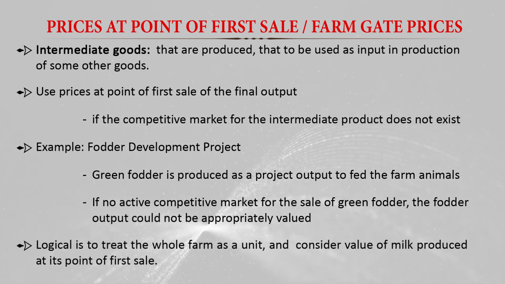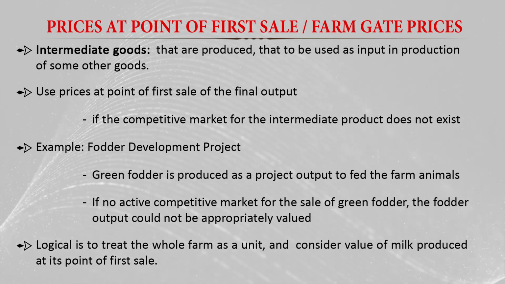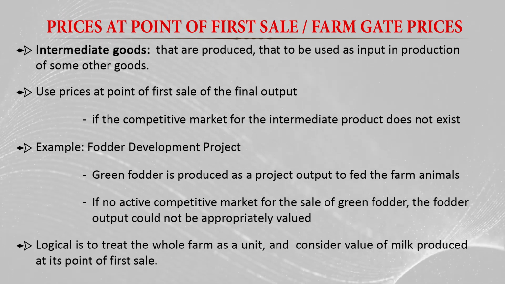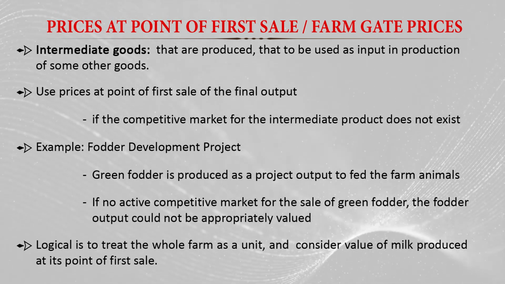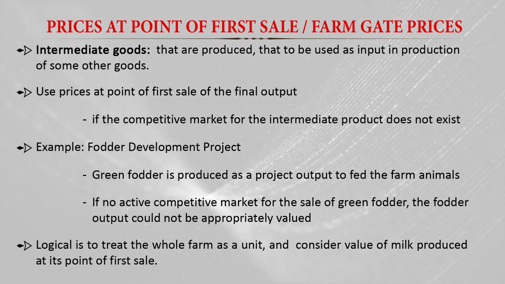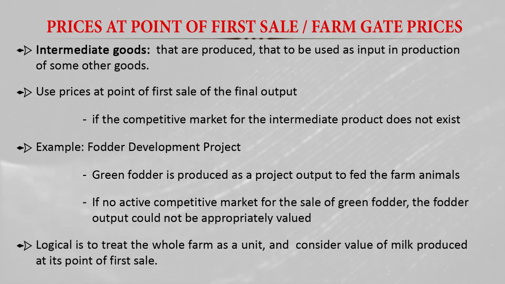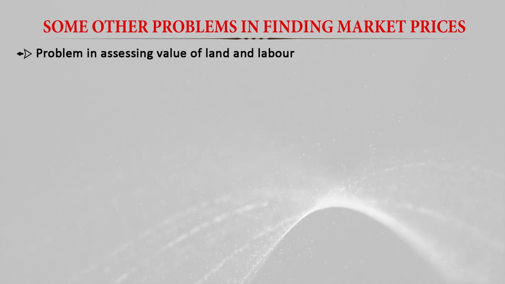The logic here is that we should treat the whole farm as a unit, and we should consider the value of the milk produced at its point of first sale. Because there is no market available, we should consider the value of the milk at the point of its first sale.